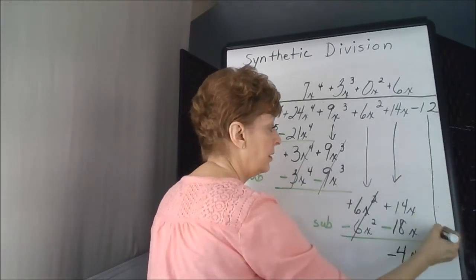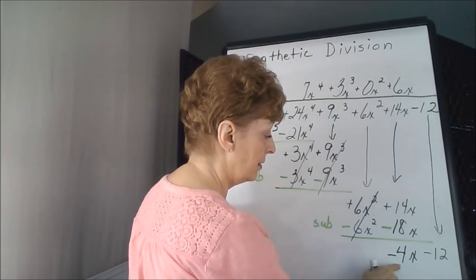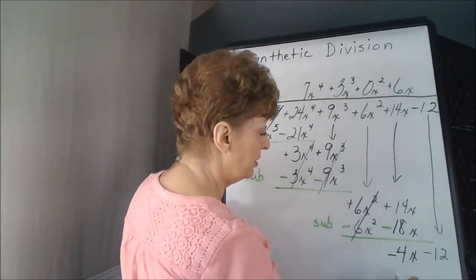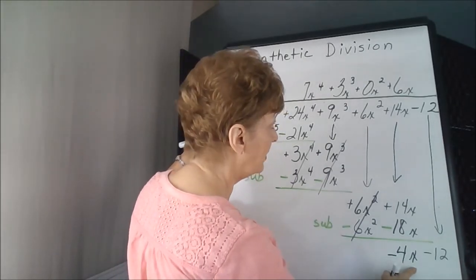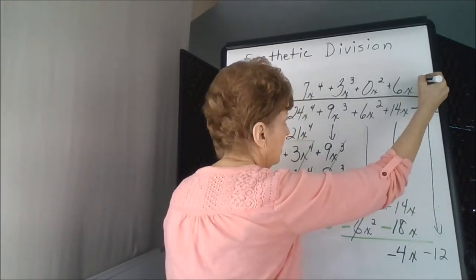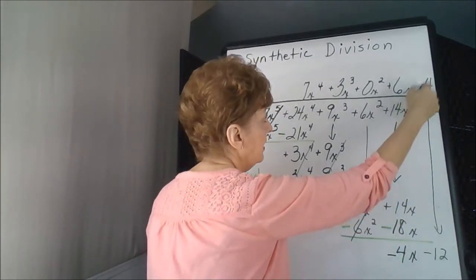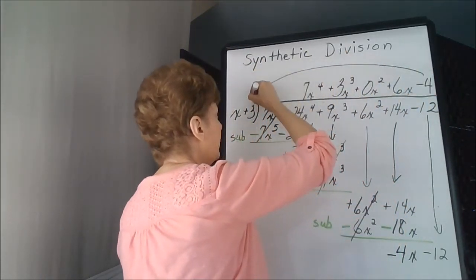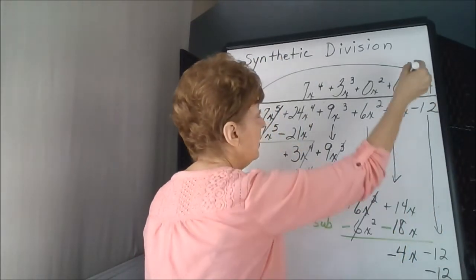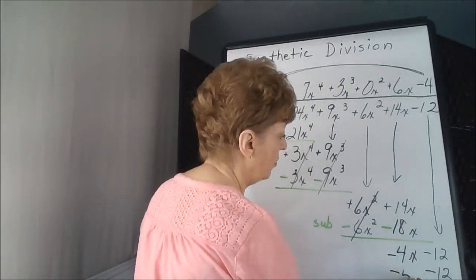Next, bring down the negative 12. We're trying to get rid of this first spot. X goes into negative 4x. We only need to have 4 on this. So it's negative 4 times 3 gives us a negative 12. And negative 4 times x gives us a negative 4x.